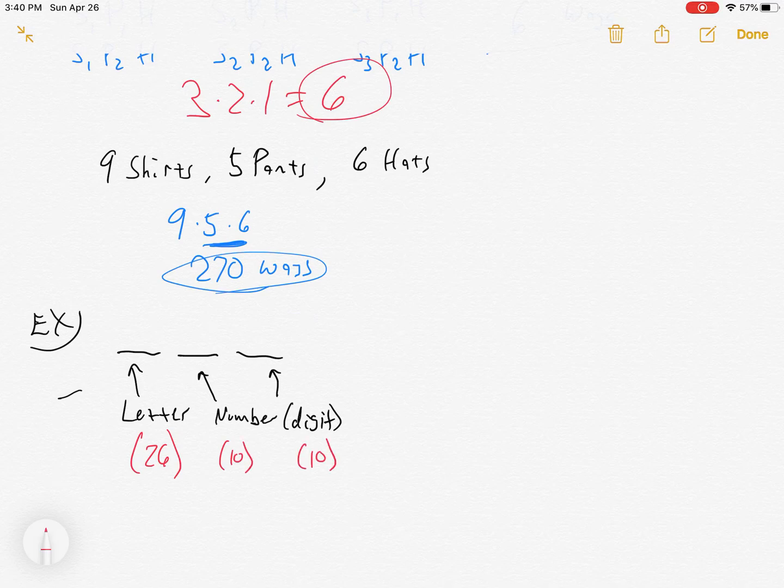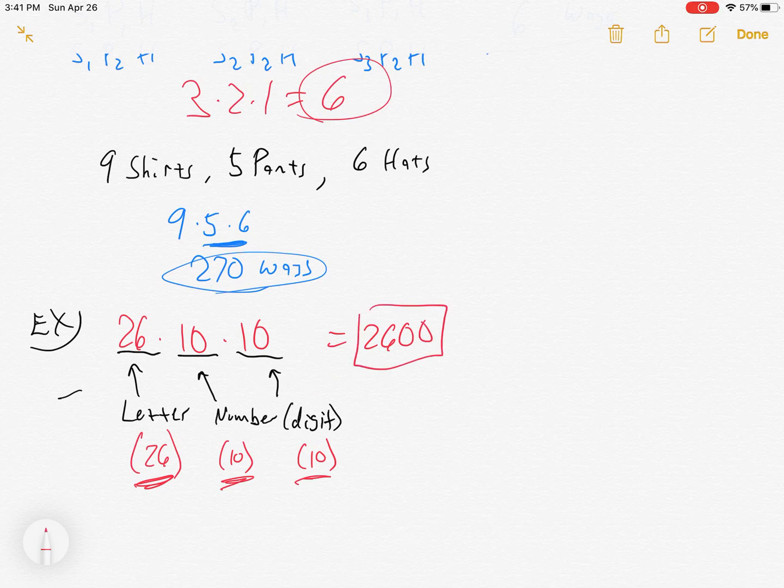And now the question may be asked, can you repeat digits? Yes, you can. So you might have to think to yourself, how many letters are there? Hopefully you know this. This would be important to know. There are 26 letters in the alphabet. There are 10 digits. We count 0 to 9, 10 digits. So this is kind of like the previous problem, except you have 26 shirts, 10 pants, and 10 hats.